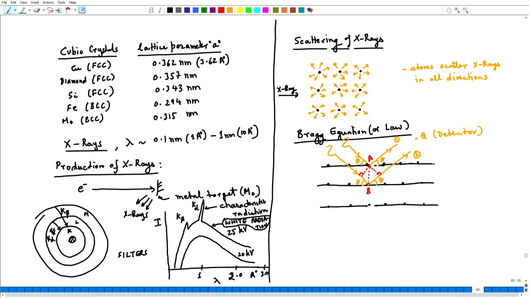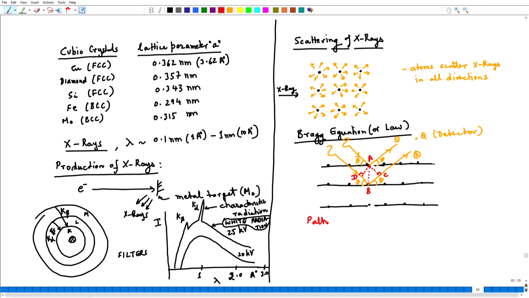So, let me call this point C and this particular point D. You can clearly see that ray 1 and ray 2 would have travelled a different distance when they reach the detector at point Q, and hence there is a path difference.